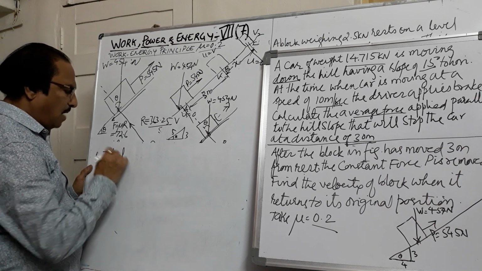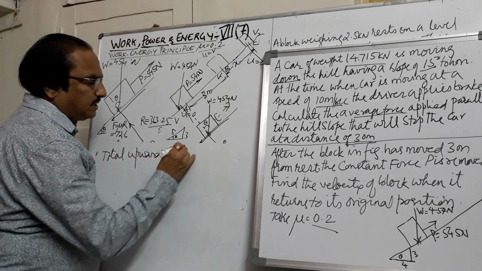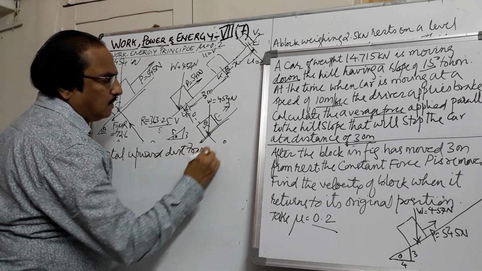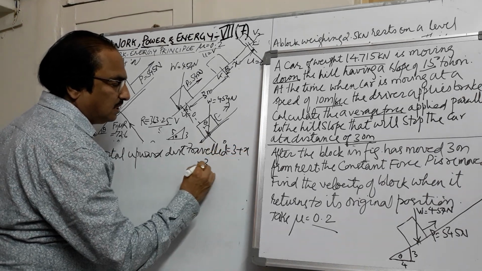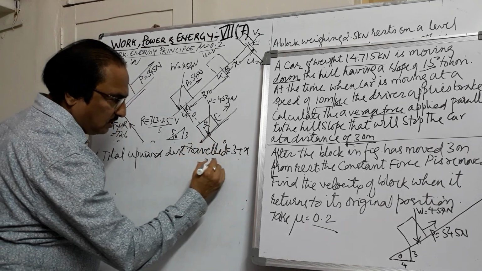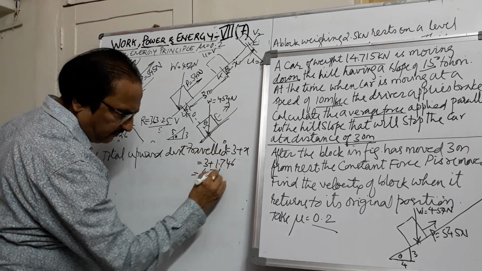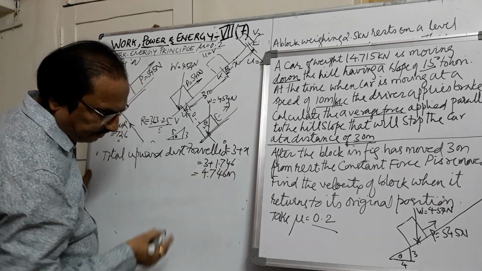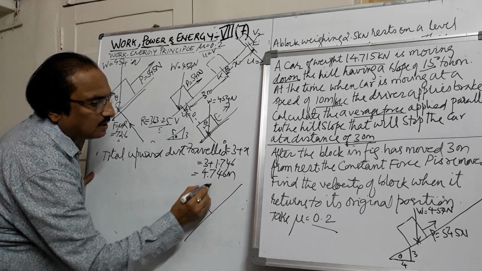Total upward distance traveled is equal to 3 plus x. So this will be equal to 3 plus 1.746. So it will be traveling a total distance of 4.746 meters. Now the body starts moving down.